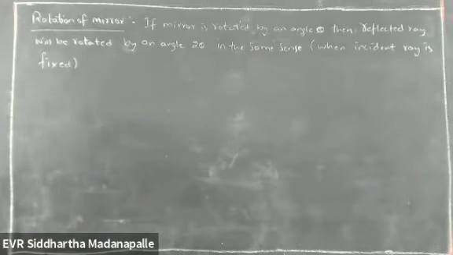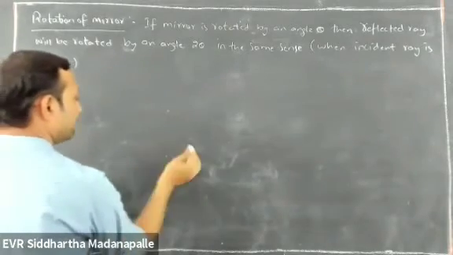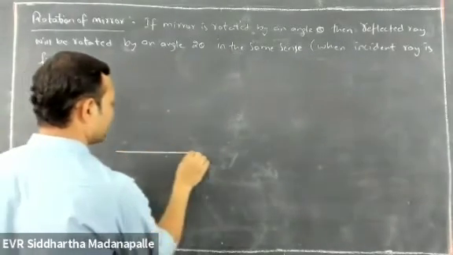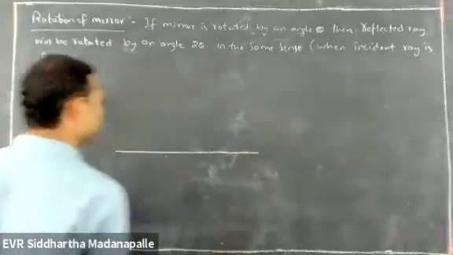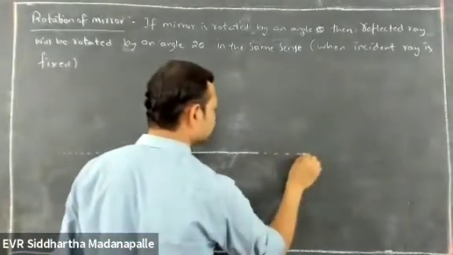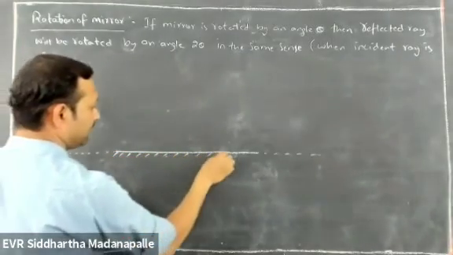A simple proof here. Now let us consider a completely mathematical part. Let us consider this is a mirror which is placed along the horizontal. So this is a plane mirror.